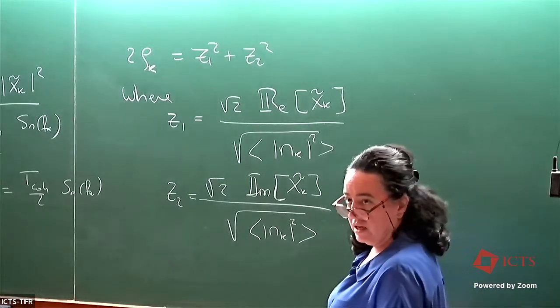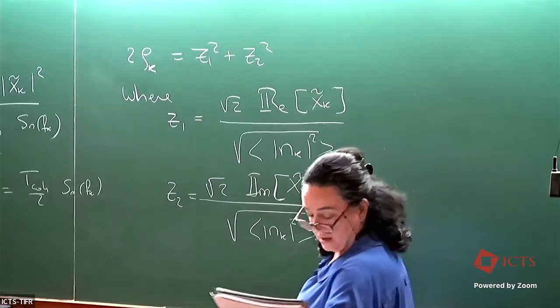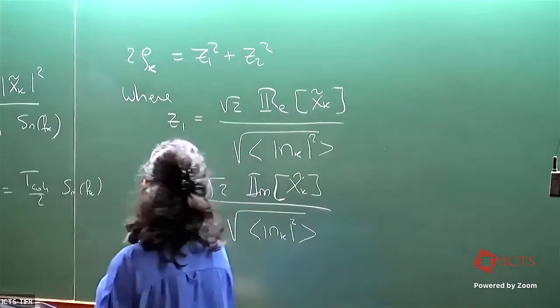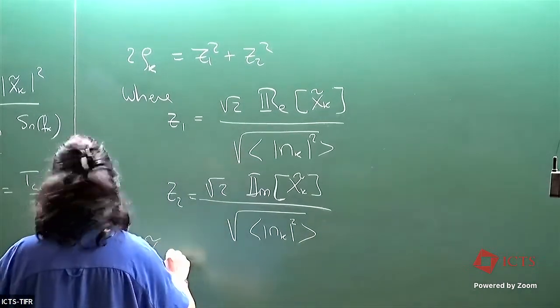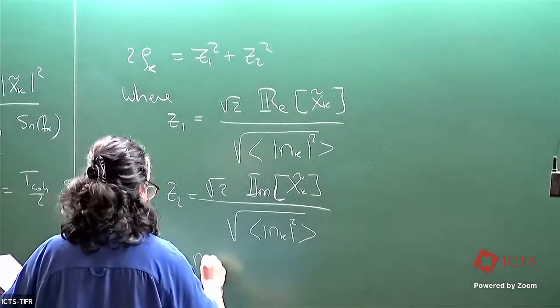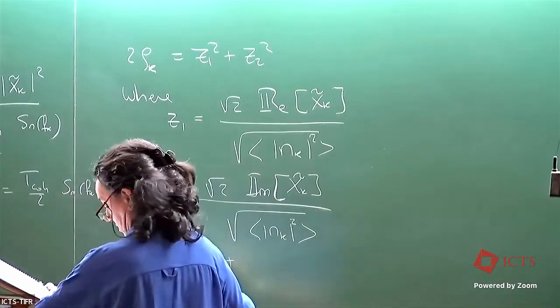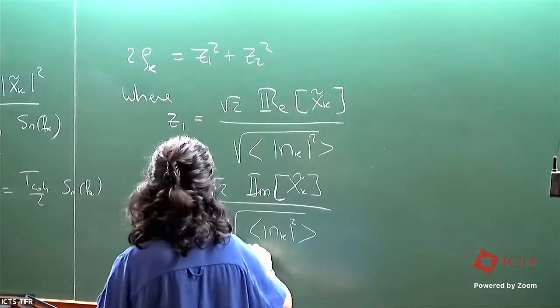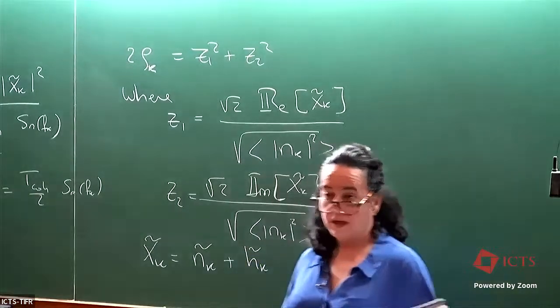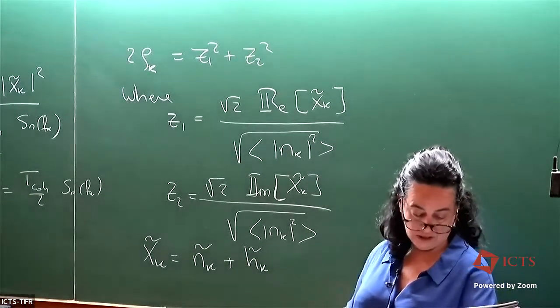And basically, in the Fourier domain, the output of the detector is just going to be the Fourier transform of the data, of the signal and the noise.